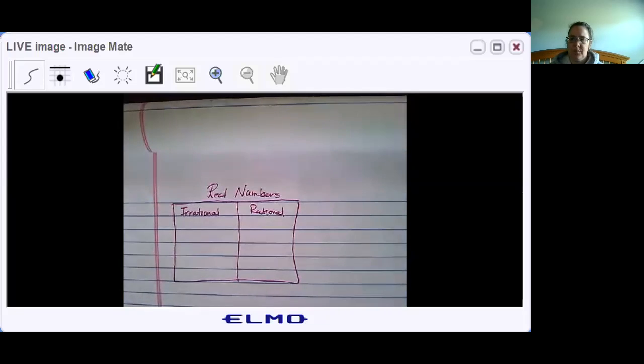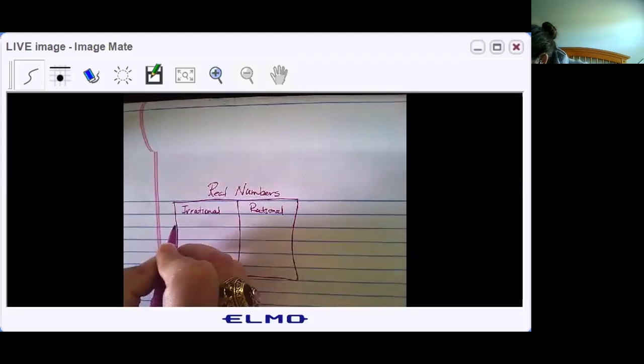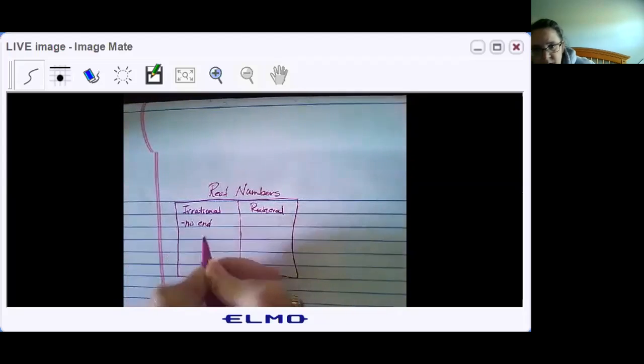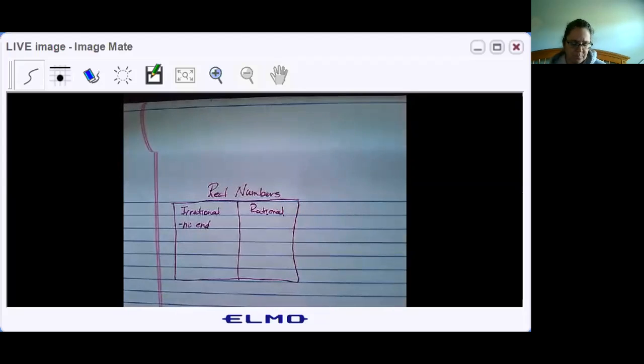What does that mean? Well, what does terminating mean? To terminate is to end. So if it's an irrational number, it has no end. Well, what do I mean by no end?